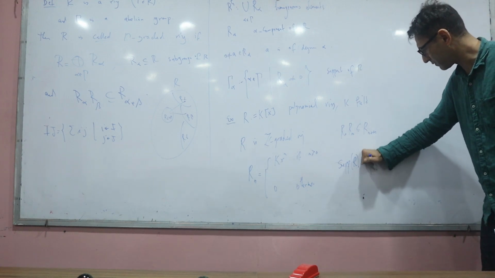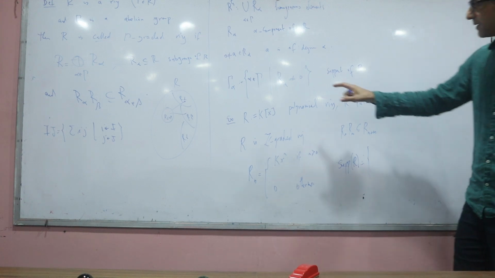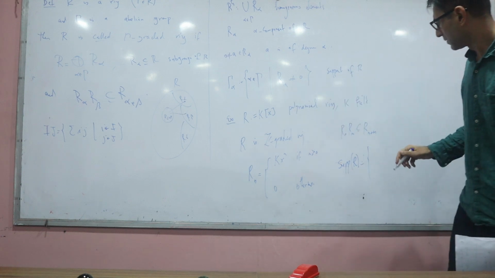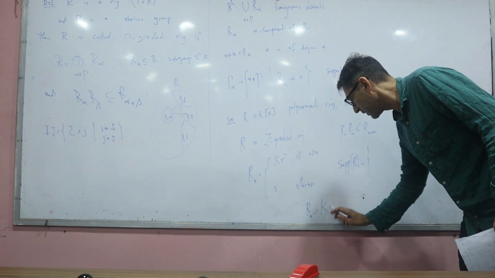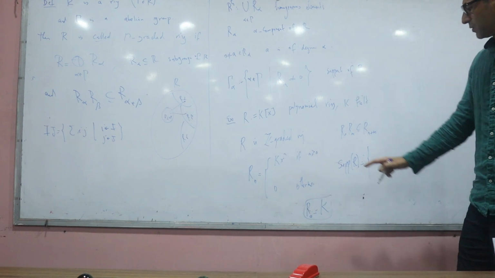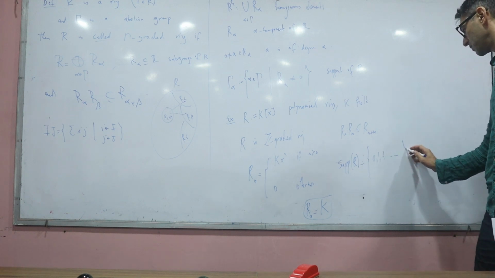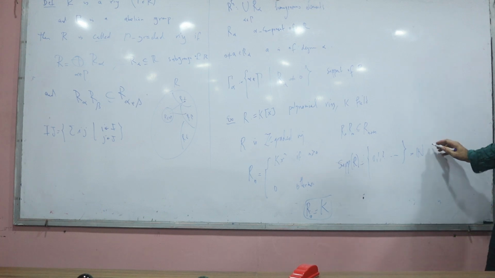I'll just put the support of it. It is those components that are not zero, and R0, so what is R0? It just came, right? So R0, R1, and so on, so 0, 1, 2, these are the support, which is inside the actual group set.